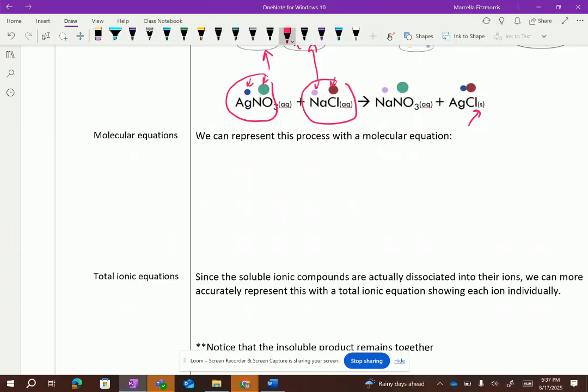I can represent this with the molecular equation, which is already written. We can represent it with a total ionic equation. Or a net ionic equation.